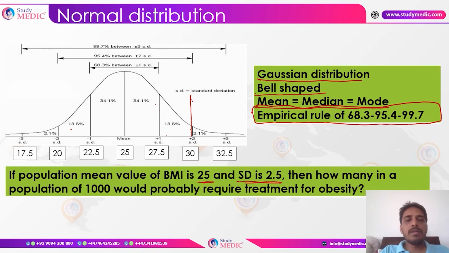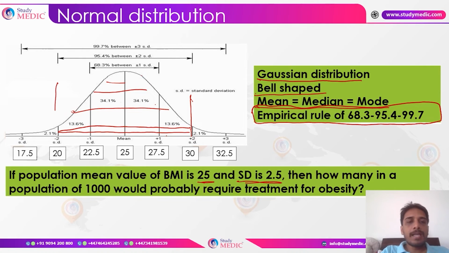Now we already know that between minus and plus 2 standard deviation, 95% of the data exist. That means 5% of the data are outside this. Since this is symmetrical, around 2.1 to 2.5% of the data is more than plus 2 SD, and around 2.1 to 2.5% of the data is less than minus 2 SD.